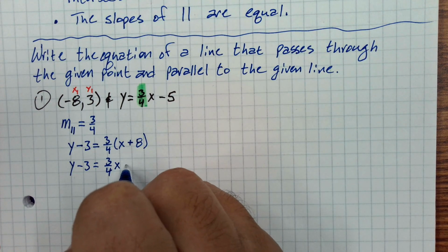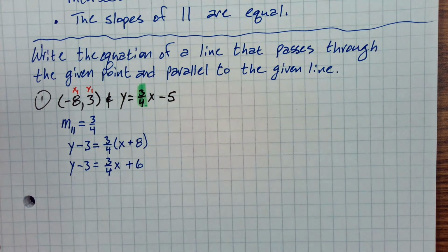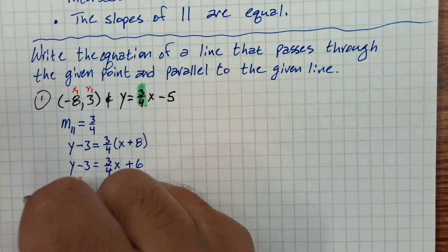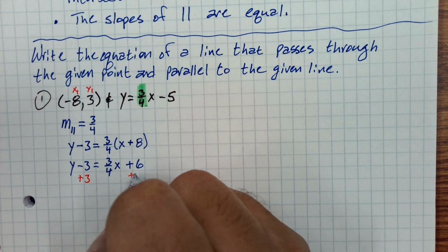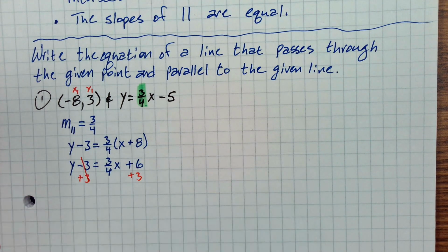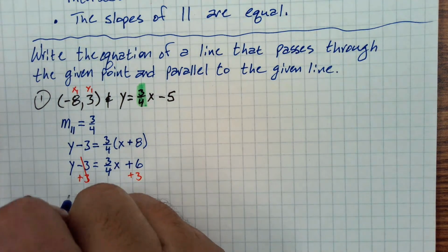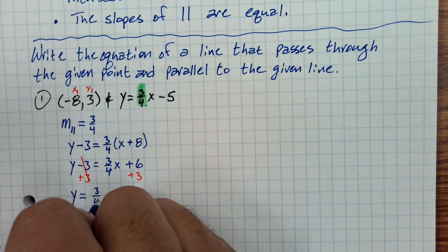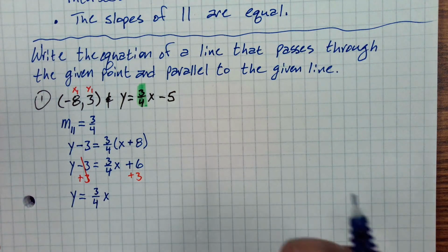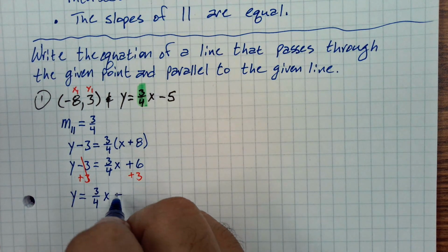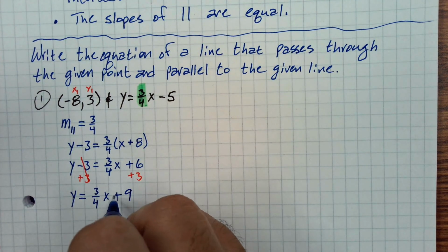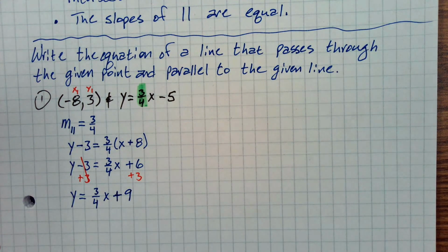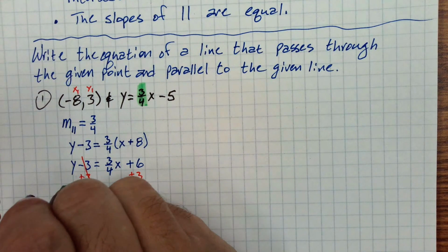That's going to be what, 6? And then let's get rid of this minus 3. And boom, there it is. y equals 3/4 x plus 9. And just like that, we have the equation that we're looking for.